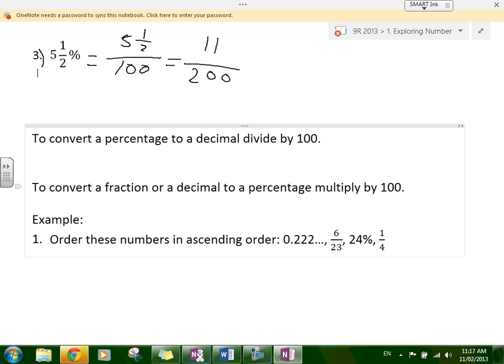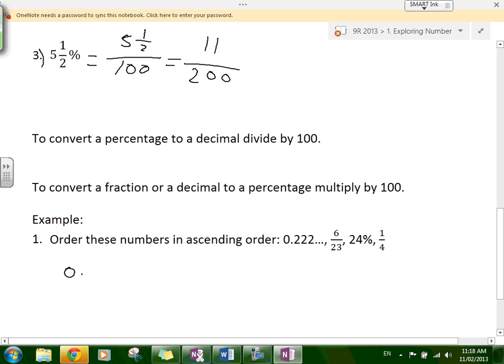All right, so I'm going to change these all into percentages. 0.2 repeater equals, if I multiply by 100, 22.2 repeater percent. Right? Or 22 and 2/9%, whichever you like.